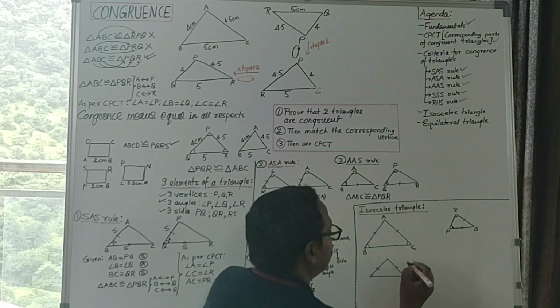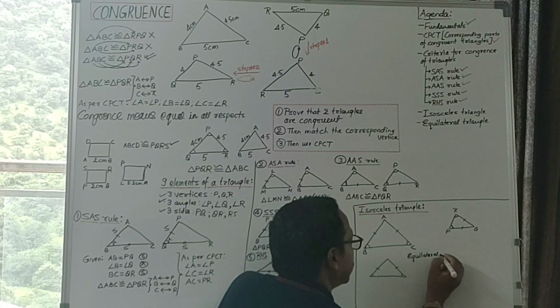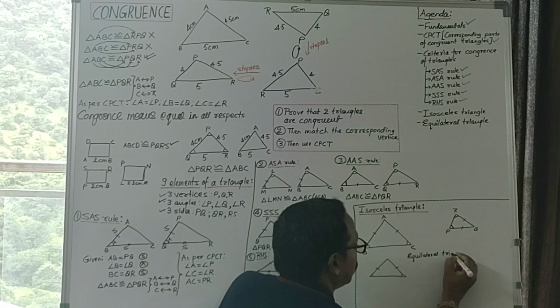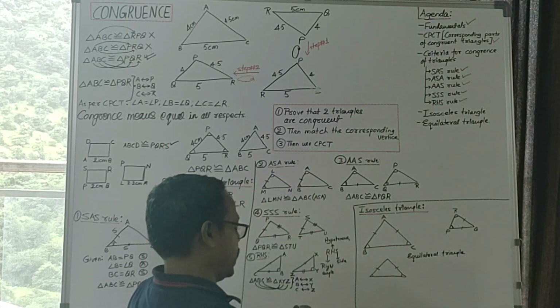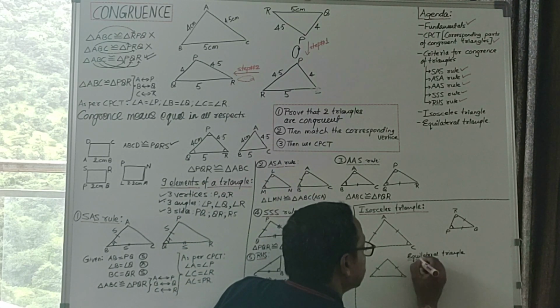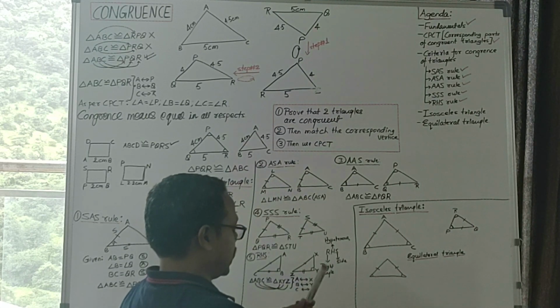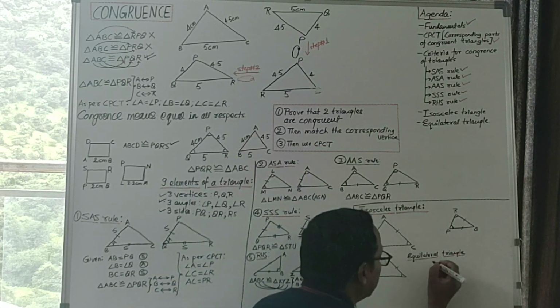And the last thing, equilateral triangle. What do we know about that? An equilateral triangle is a triangle in which all three sides are equal. Let us draw an equilateral triangle.